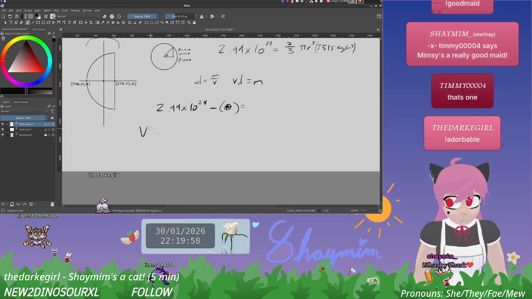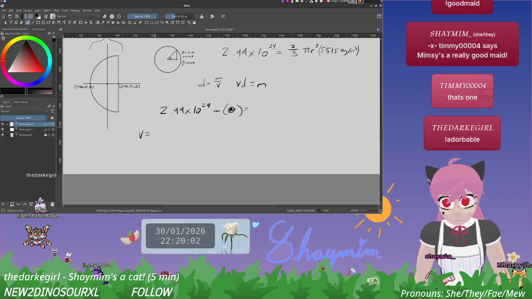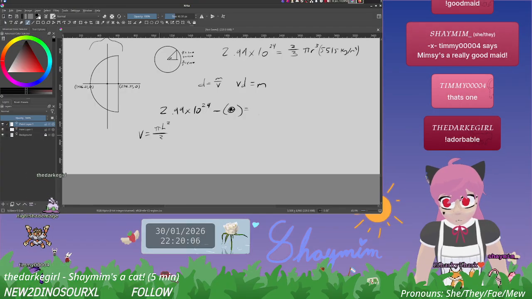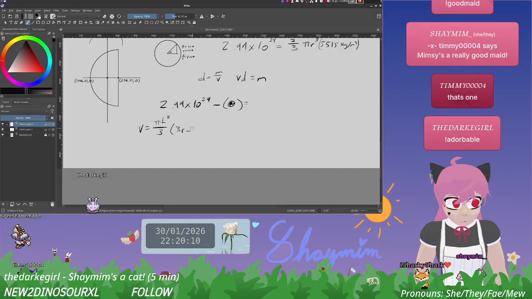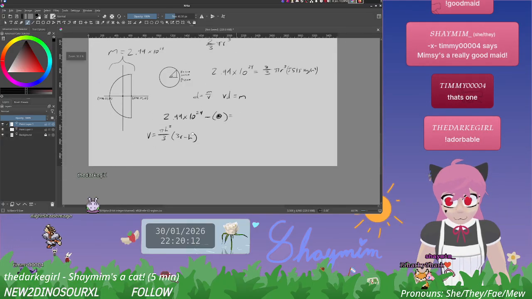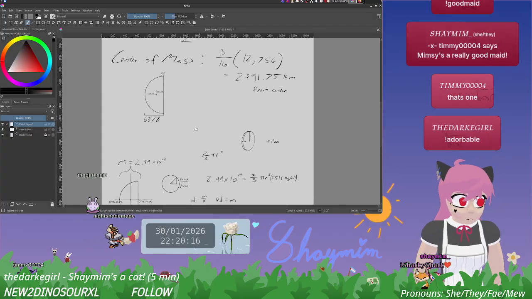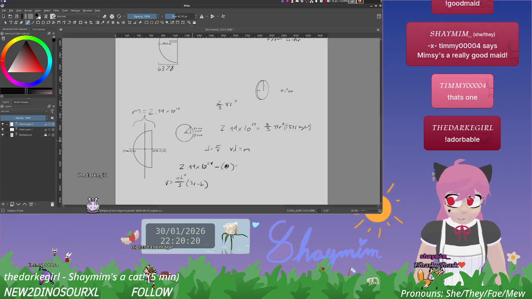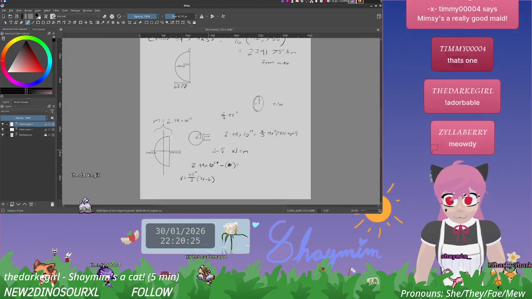So that would be v equals pi h squared over 3 times 3r minus h, right? And then h is gonna be 6378 minus delta x.